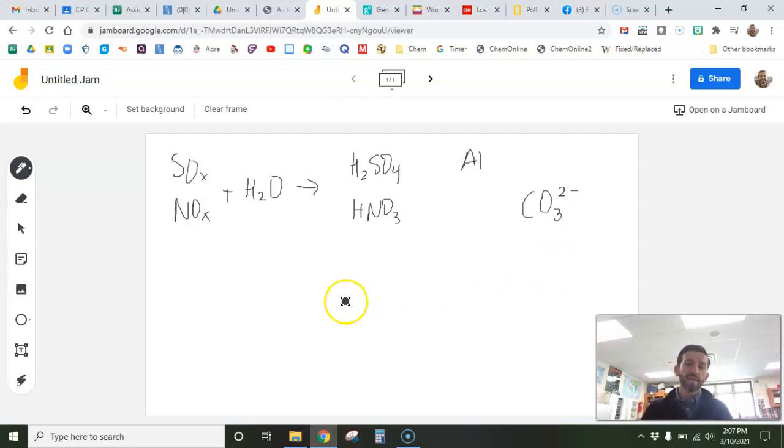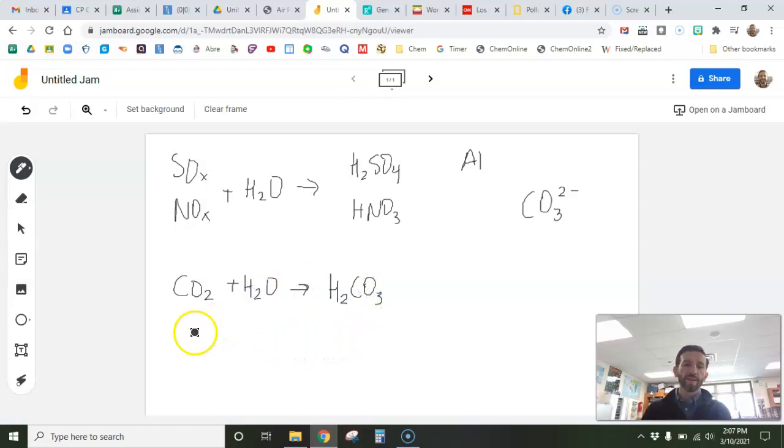And when we're talking about ocean acidification, what we're talking about is too much CO2 in the air being dissolved in the water, and CO2 with water makes carbonic acid.